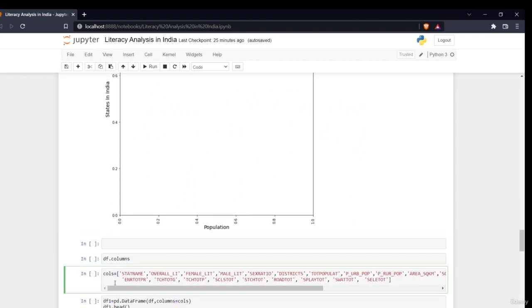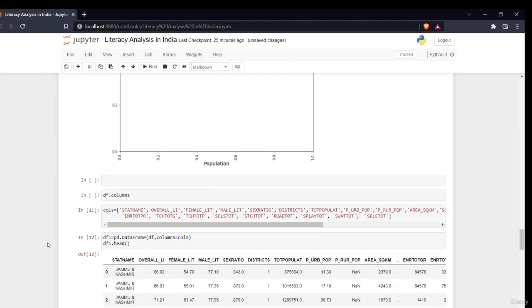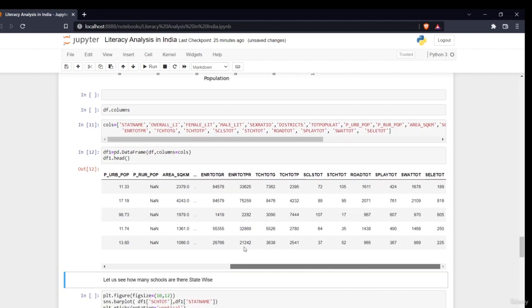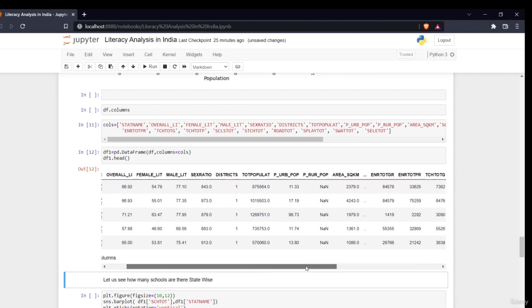Now these are the columns which I have stated, and I'll use these columns and create a new data frame in which only these columns are there, 26 of them, containing the sex ratio, male literacy, female literacy, overall literacy, urban population, area square kilometers, and everything.